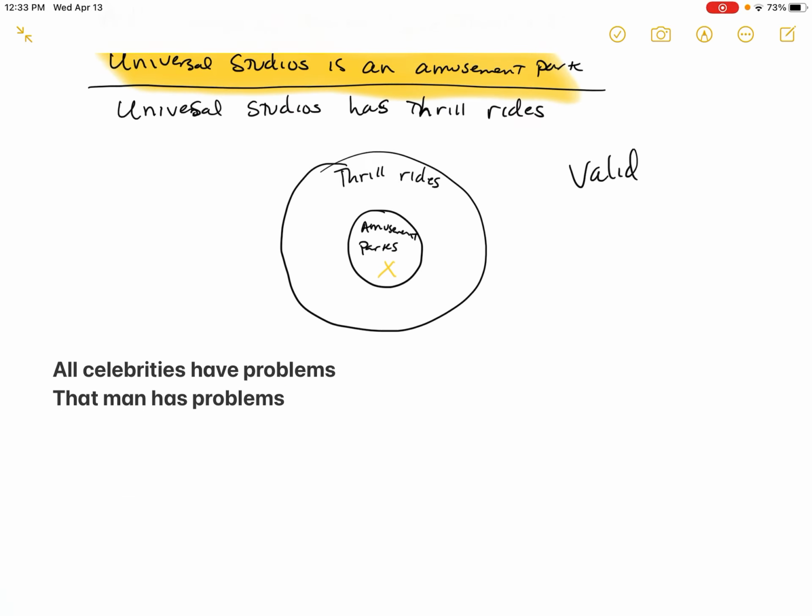And then let me stop there so I can get a line underneath that, because I don't think I can have that line go under there. So they have this line then. So all celebrities have problems. That man has problems. And so the conclusion we're making is that man is a celebrity.